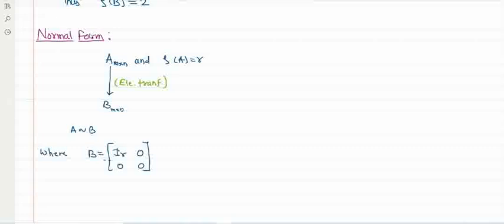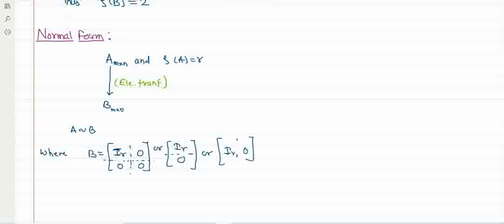Means what? These are block matrices. There is a unit matrix of order r and the remaining elements are 0, or this can be reduced to [I_r 0], or to [I_r; 0]. Okay. So what is the meaning of this?